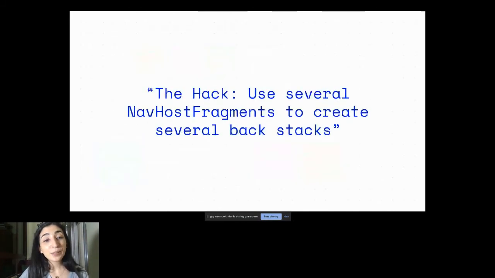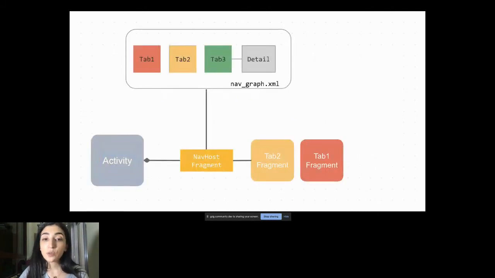So in order to solve this, the hack says that we need to use several nav host fragments to create several backstacks. So if I go back to the previous slide, imagine we have different nav host fragments, each one to handle a backstack. Let's see the schema again. So we have our activity. This time we will add a frame layout inside the activity, and it will act as an anchor to the bottom navigation view.